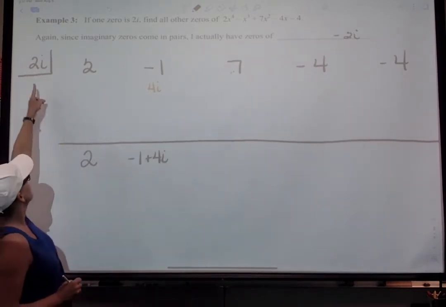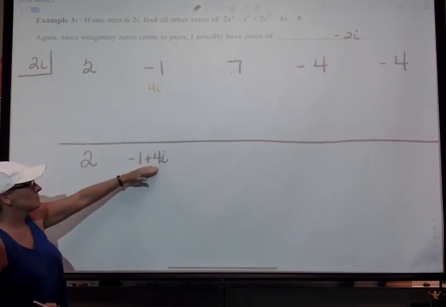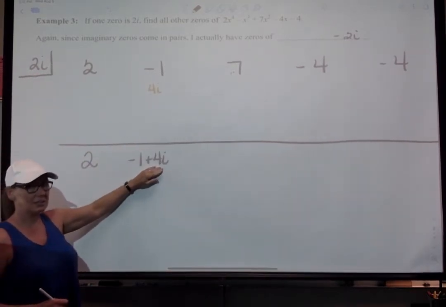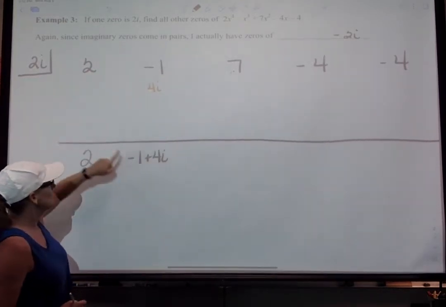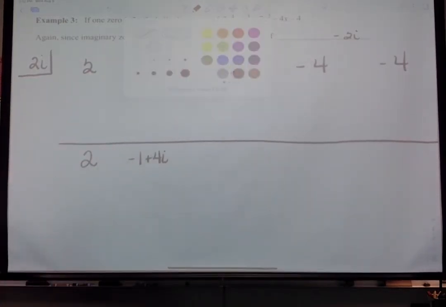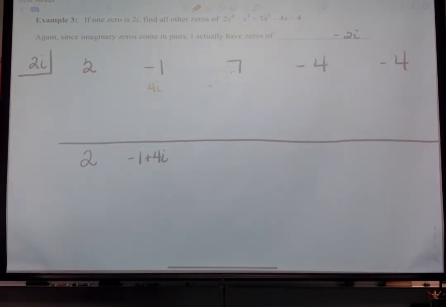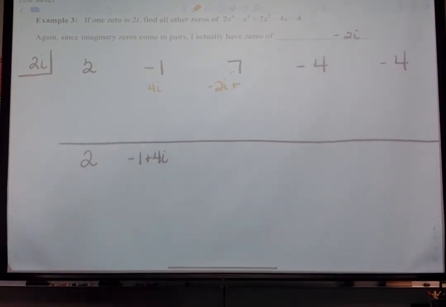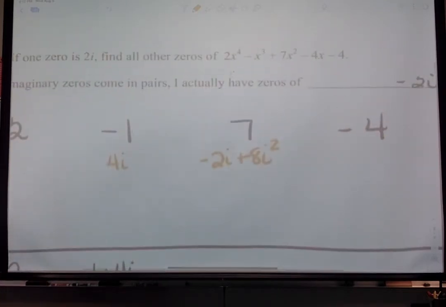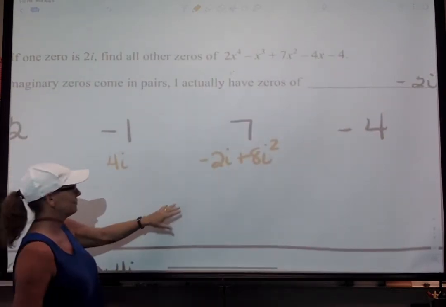Multiply. This times this, yes, you're going to have to distribute. So ready? 2i times -1 plus 2i times 4i is 8i squared. Whoa, wait, hold up a minute.